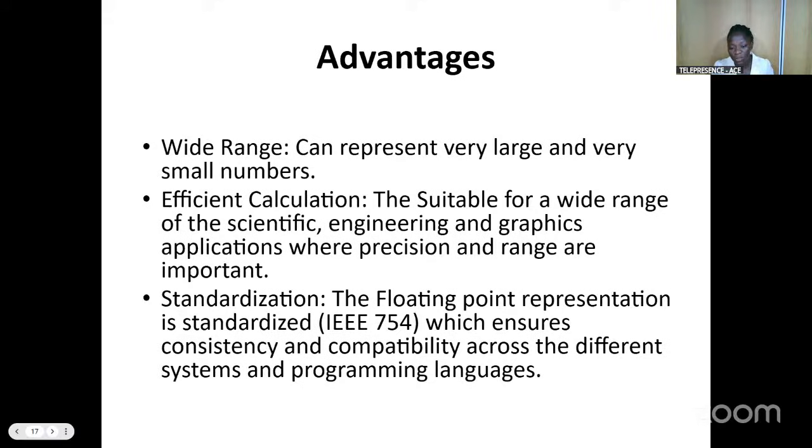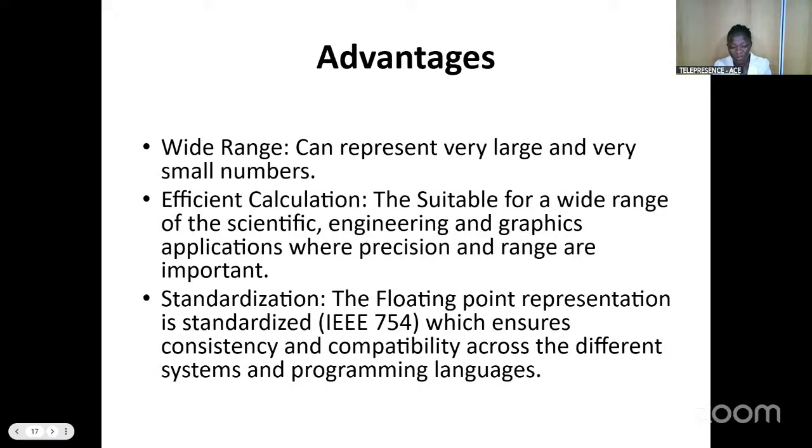This is suitable for a wide range of scientific, engineering, and graphics applications where precision and range are important. It is efficient in calculation and standardization.